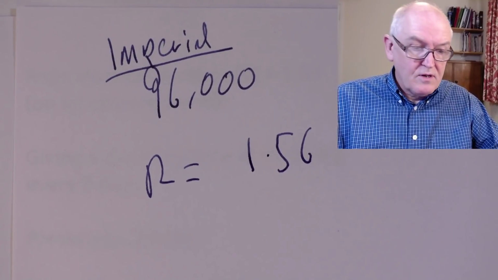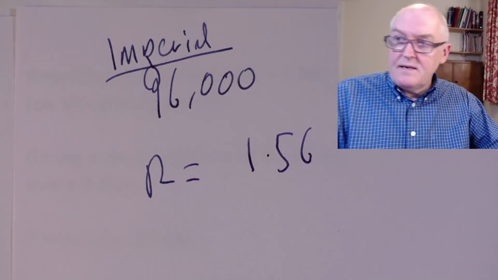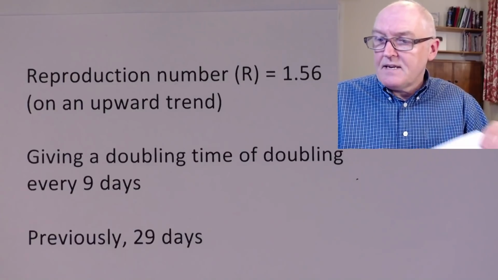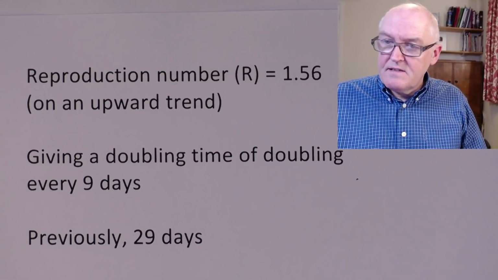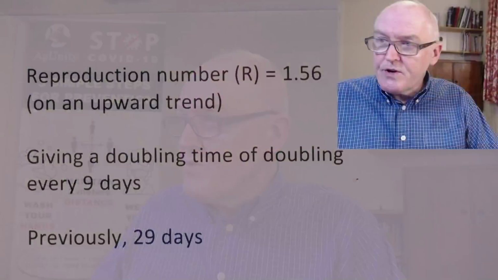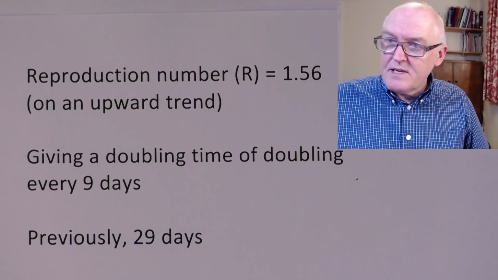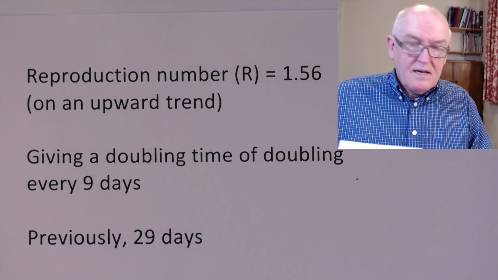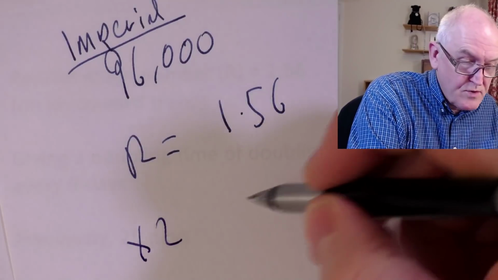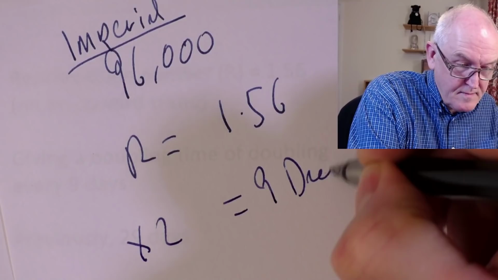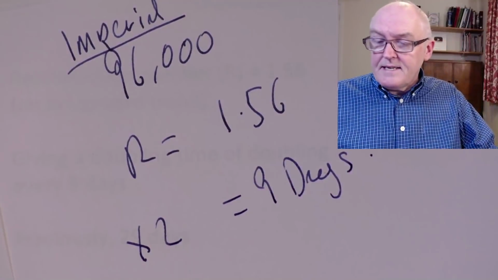They're the Imperial College data numbers. It was Imperial College, of course, that first gave the data that facilitated the first lockdown back in March. Well, the other important thing, they're saying that gives a doubling time of every 9 days. So they're saying times 2 equals 9 days, according to their data.